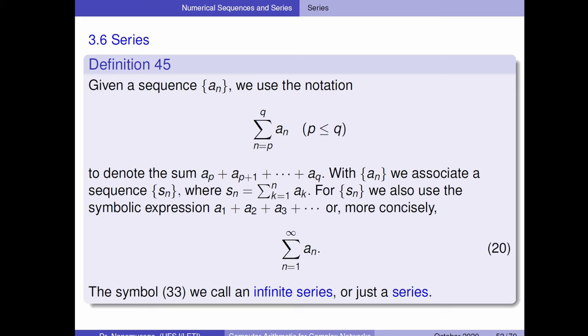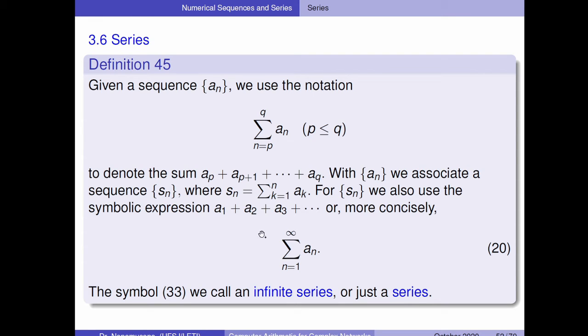Given a sequence an, you use the notation of the summation of terms of this sequence, n equals p to q, p lower than q, to denote the sum of all the numbers ap, ap+1, up to aq. With an we associate a sequence Sn, where Sn is a partial sum of this.